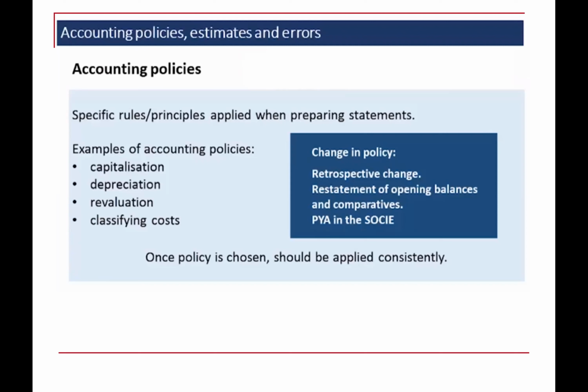But you would remember that depreciation reduces profit, and the profit is a component of retained earnings, which means in your statement of changes in equity in the previous period, you would not have taken into consideration depreciation in your retained earnings, which is a collection of all the profits that you had made in the previous years. This means you need to do a prior adjustment of your retained earnings to reflect the depreciation you would have charged last year if you had started applying that policy in the previous year. So it means we need to restate opening balances and the prior year adjustments that would need to be done in the statement of changes in equity.